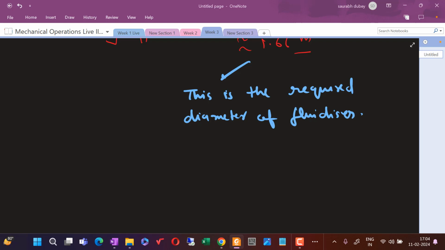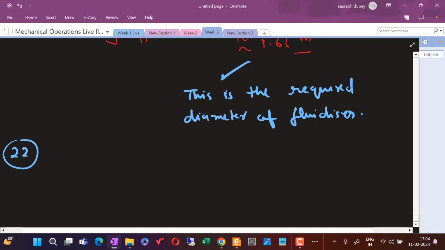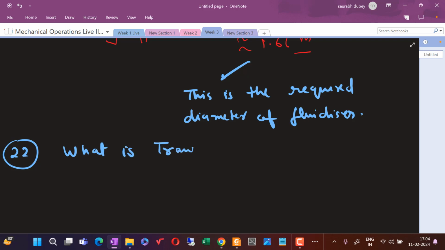Entrainment was there, no? In the entrainment you have been told that the fluidized bed surface is composed of different zones. So what actually happens in entrainment, and what is the transport disengagement height?